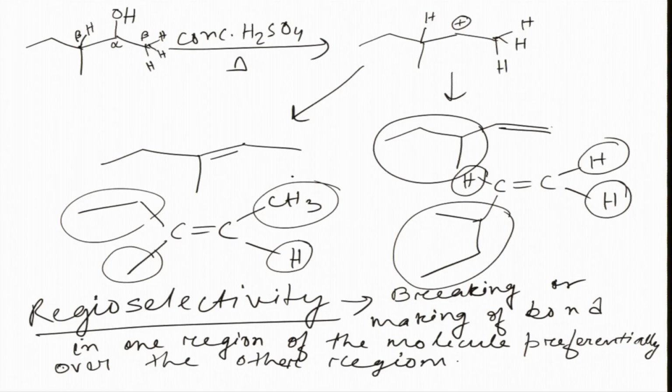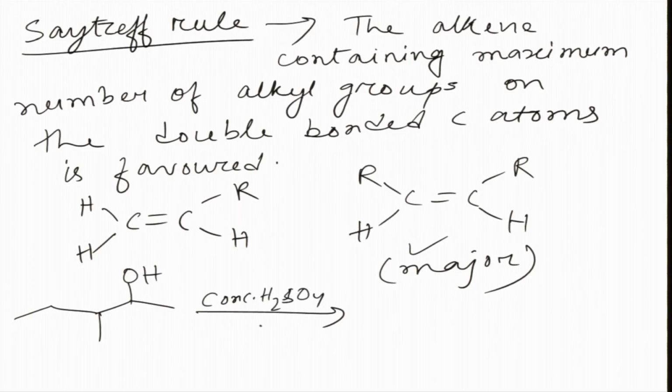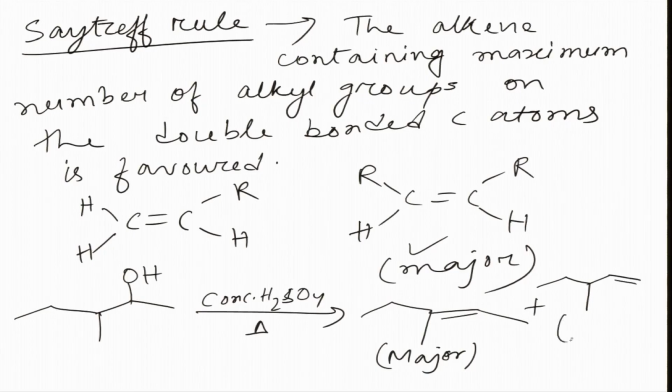So, in this case the major product will be this, and this will be the minor product. Okay. So, this is the regioselectivity and this is called the Saytzeff rule.